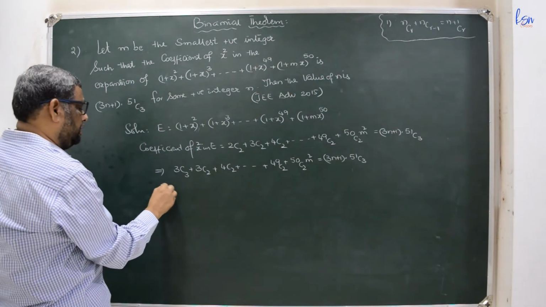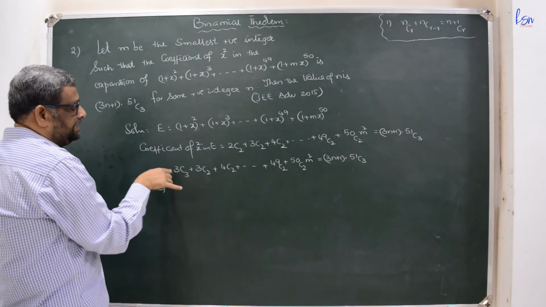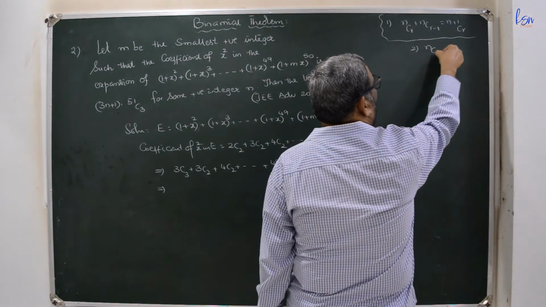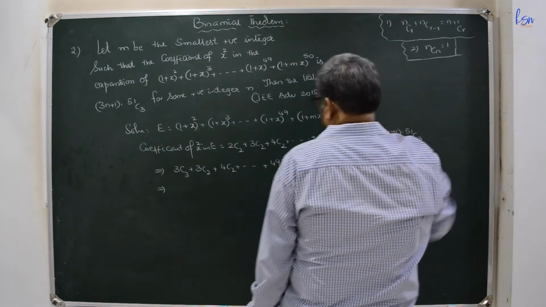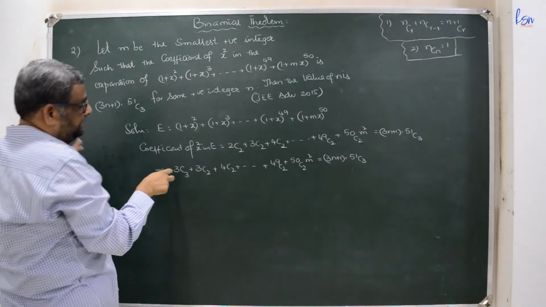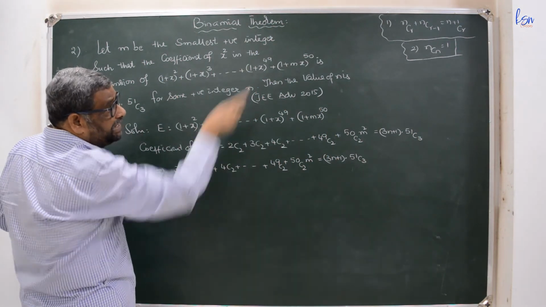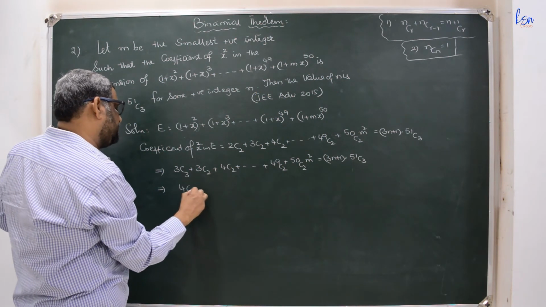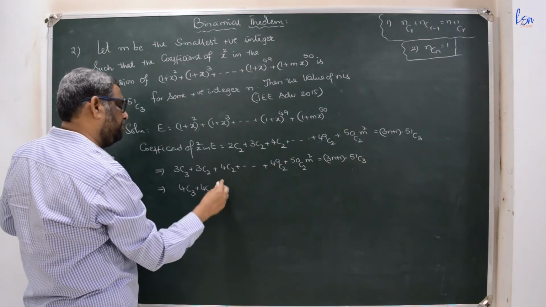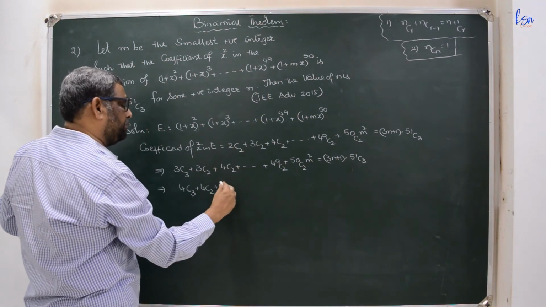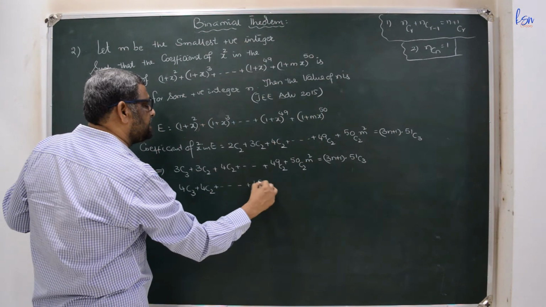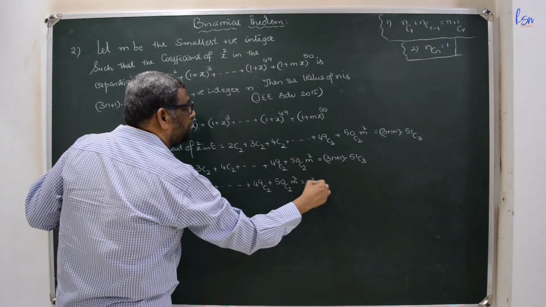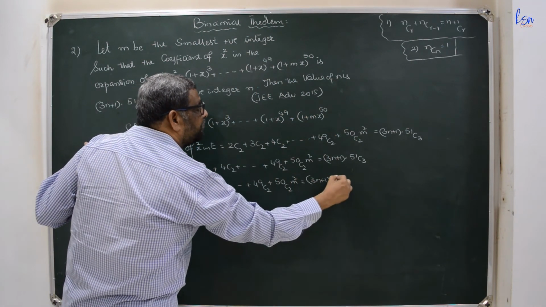Here 2C2 is 1, 3C3 is also 1. So nCn is equal to 1 is one formula, and I have written it instead of 2C2 here. This is nCr plus nC(r minus 1), (n plus 1)Cr. So this is 4C3 plus 4C2, plus here 5C2 will be there. So like this, 49C2 plus 50C2 m square is equal to (3n plus 1) into 51C3.